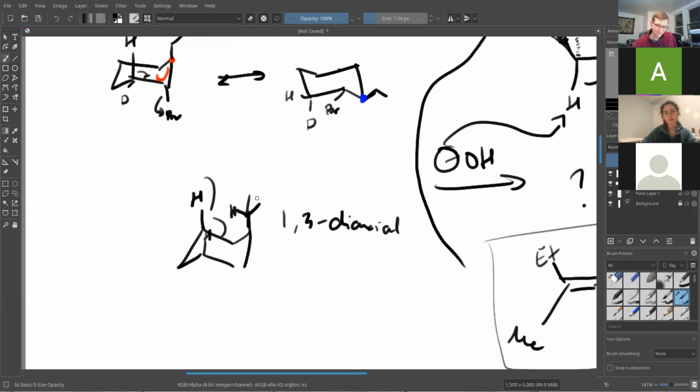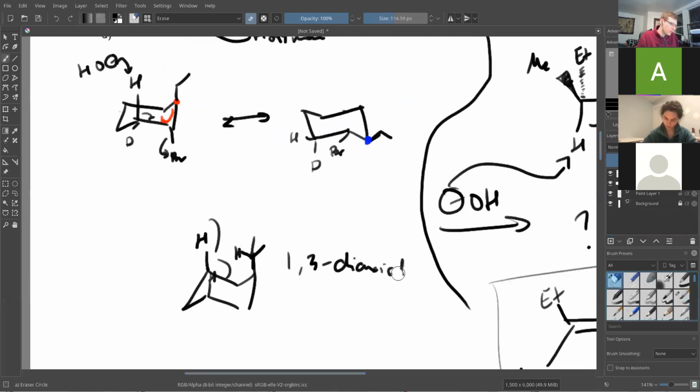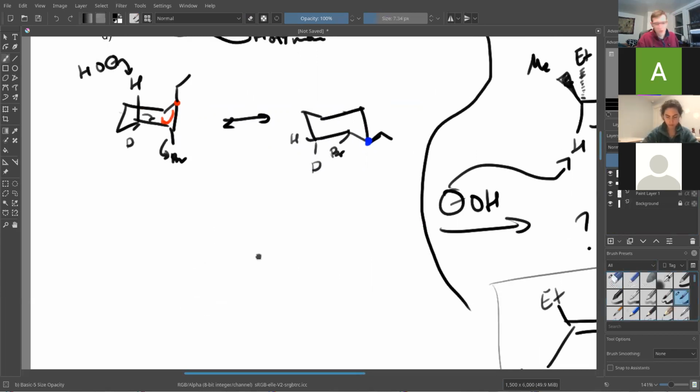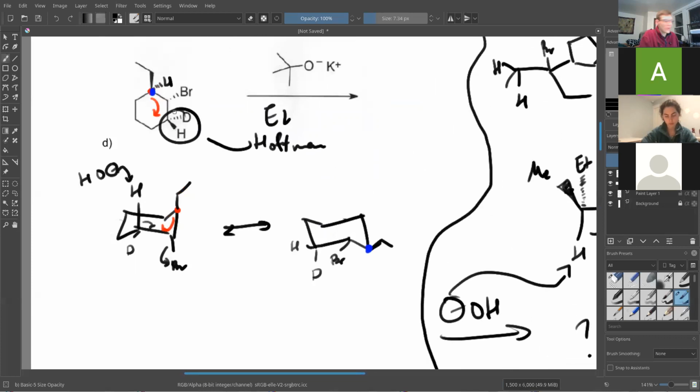So yeah, this ethyl is not going to bother us. And I guess I should also say, besides that, if this even was a tert-butyl, right, and we drew it like this, well, in this case, it was fine.